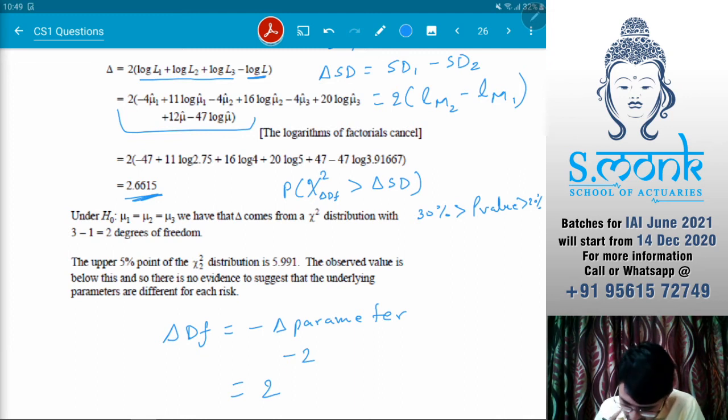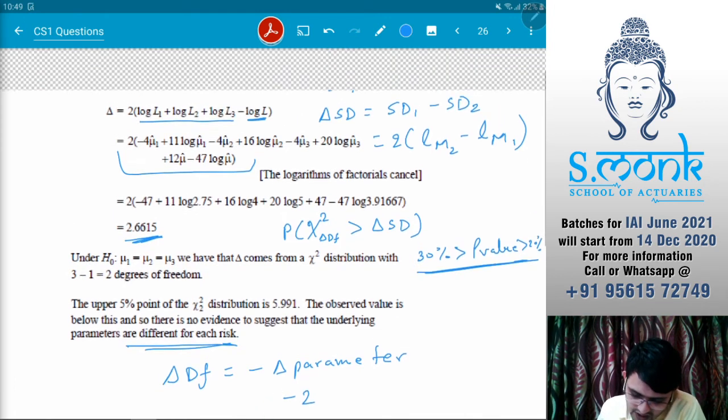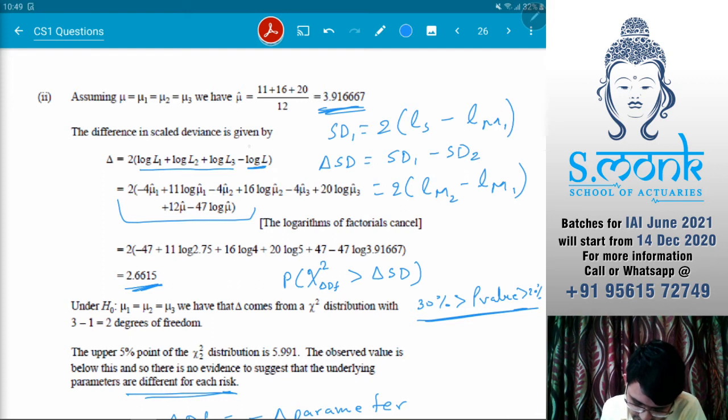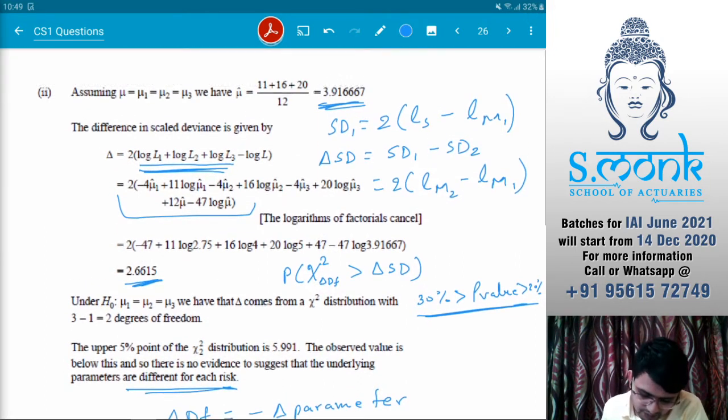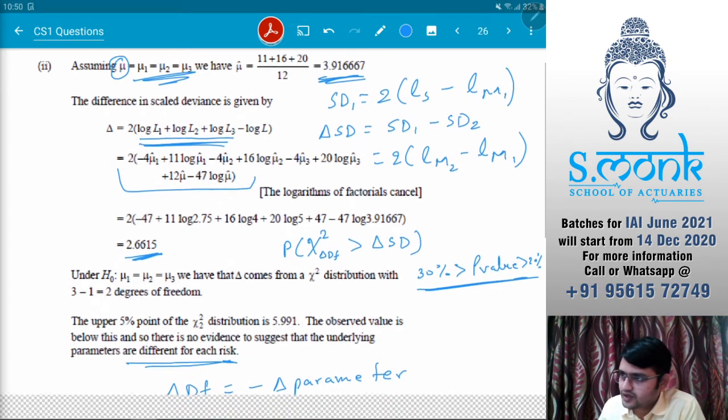Therefore you would say that there is no evidence to suggest that the underlying parameters are different, because model 1 is better than model 2. So a single mu seems to be better than having 3 different mu's.